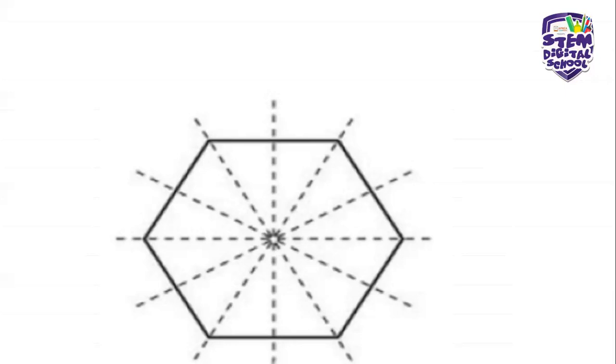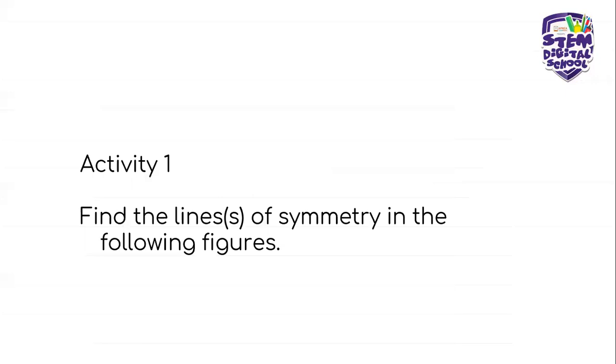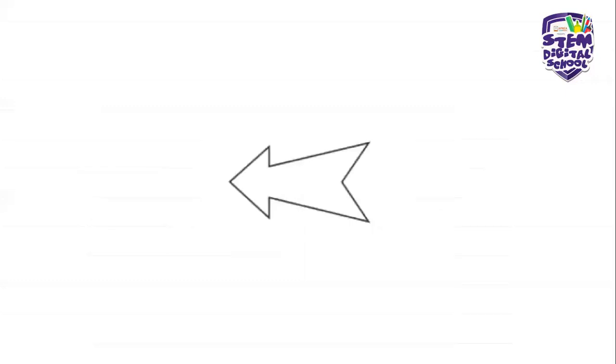I hope that the lesson on symmetry makes sense, and I'm going to now give you an opportunity to do the following activity. I want you to find the line of symmetry in the following figures. I'm going to give you about 3 or 4 of those. Here's the first figure.